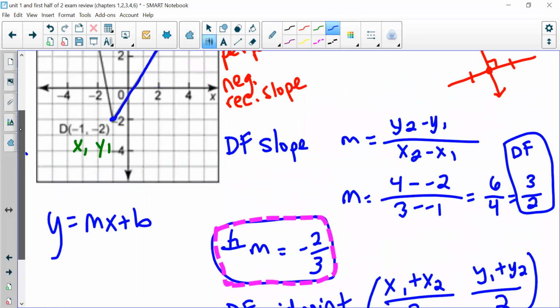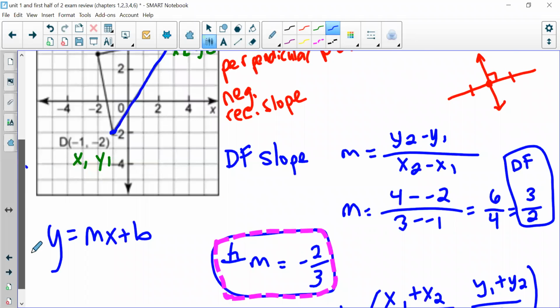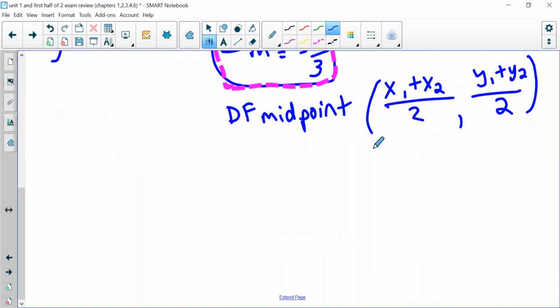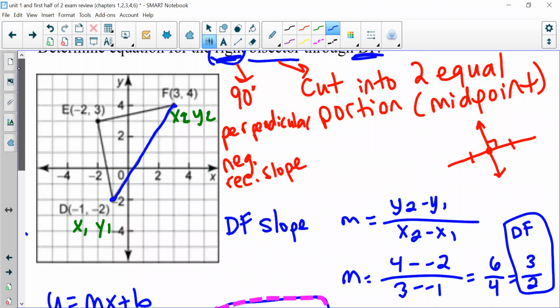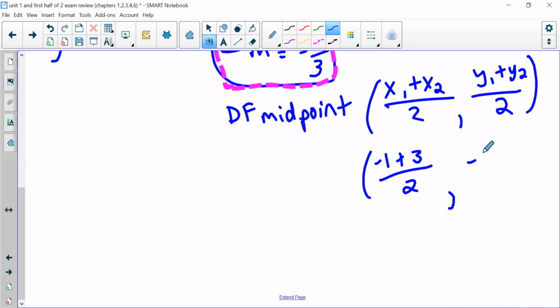I'm going to add -1 plus 3, and I'm also going to add -2 plus 4. So what's the midpoint of DF?